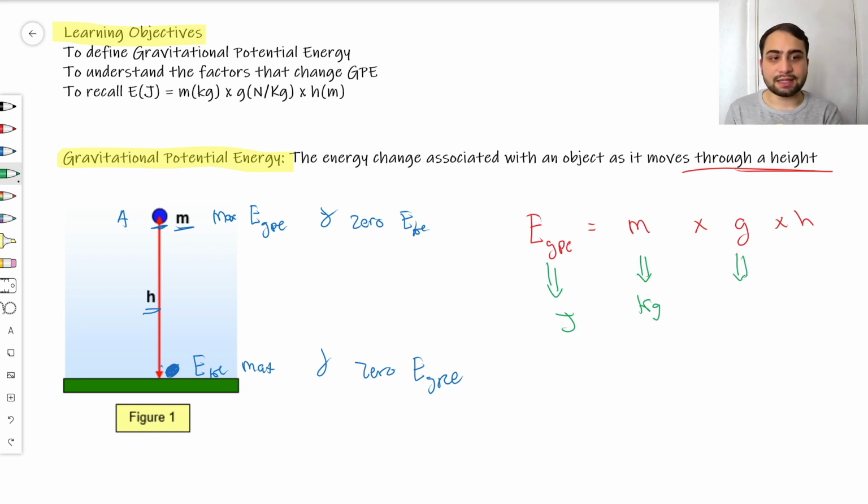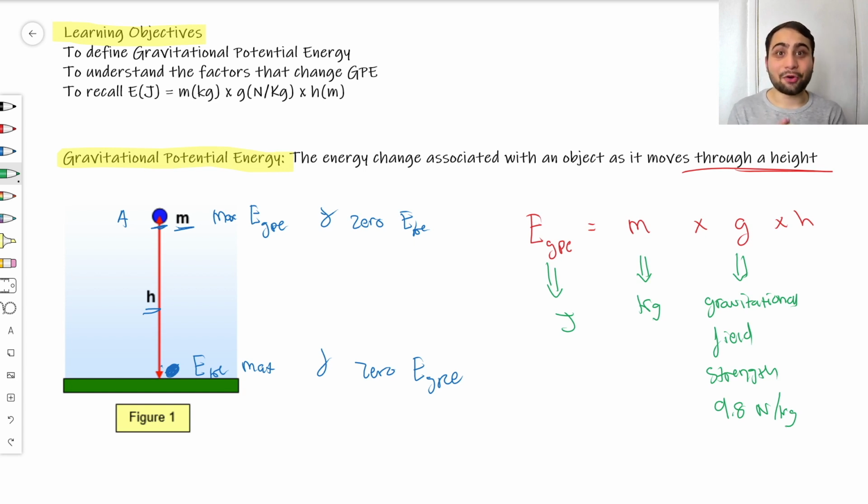Now, g is called the gravitational field strength. This really describes the strength of gravity around a certain object. On Earth, a common value for this is 9.8 and it's used as newtons per kilogram. But again, the keyword there is on Earth.